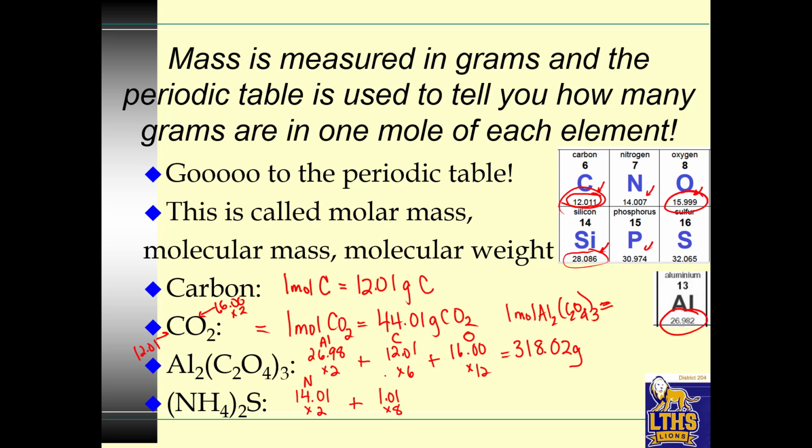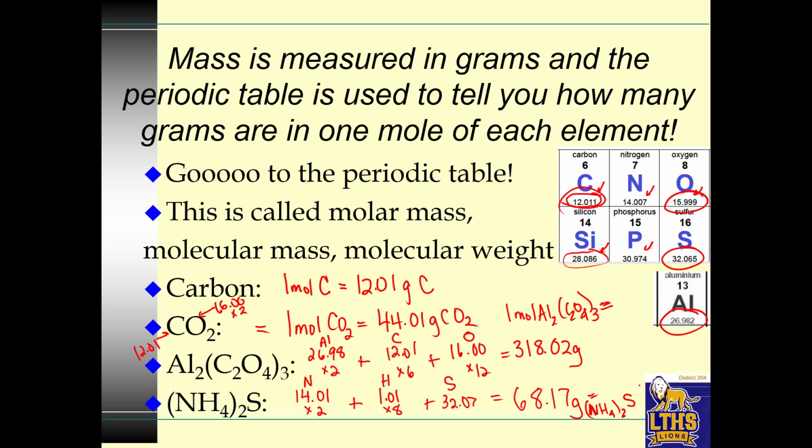This is nitrogen, this is hydrogen, plus sulfur, 32.07, using sulfur right here, 32.07. We find out that 1 mole of ammonium sulfide weighs 68.17 grams.